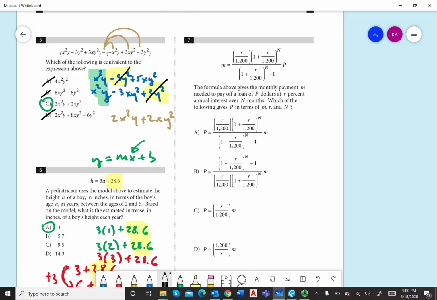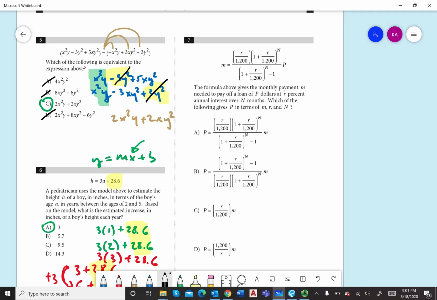All right, so it says the formula above gives the monthly payment M needed to pay off a loan P in dollars at R% annual interest over N months. All that is describing the formula. We don't even need to know what the formula is or how it works. So it says, which of the following gives P in terms of M, R, and uppercase N?